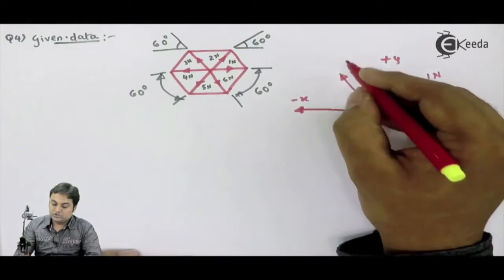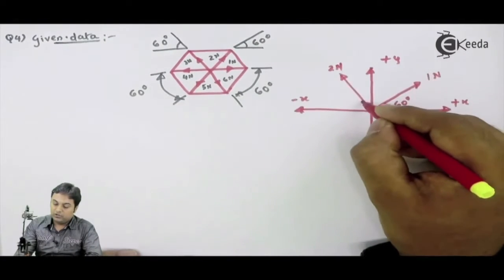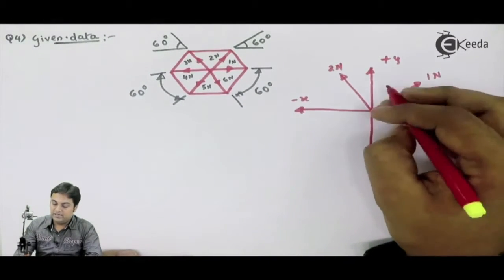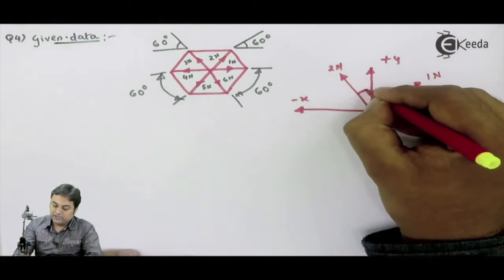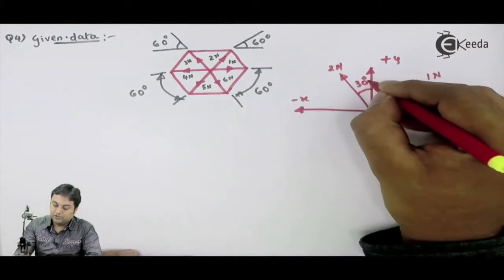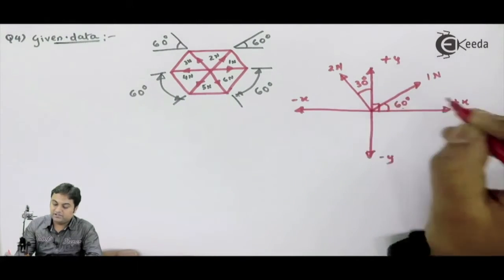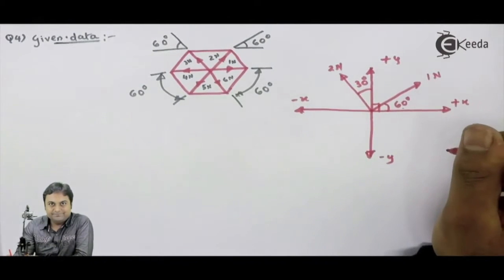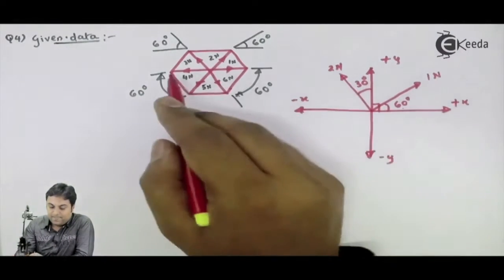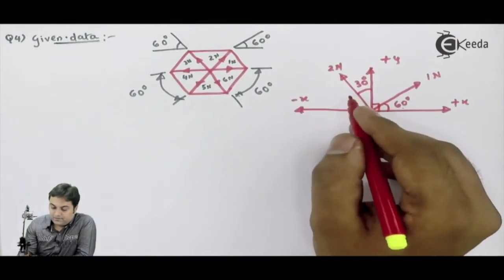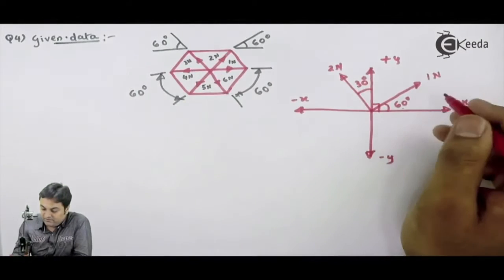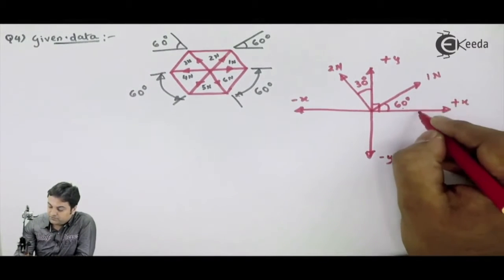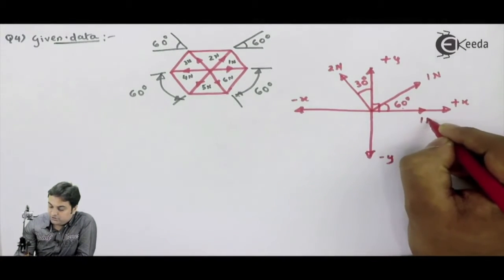This 2 Newton force is at 120 degrees with horizontal. In other words, with vertical it is 30 degrees, because 30 plus 90 gives 120.